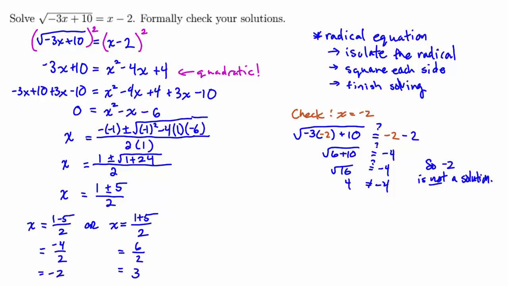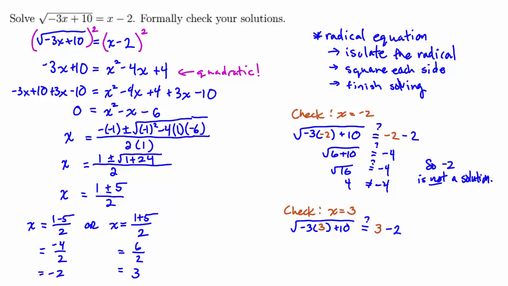Continuing on, I'll check the second proposed solution, which was 3. So I'm going to check that proposed solution of 3. I'll go to that original equation, and I'll take -3 times +3 plus 10. And I'm checking if that equals 3 when I replace that with x minus 2.